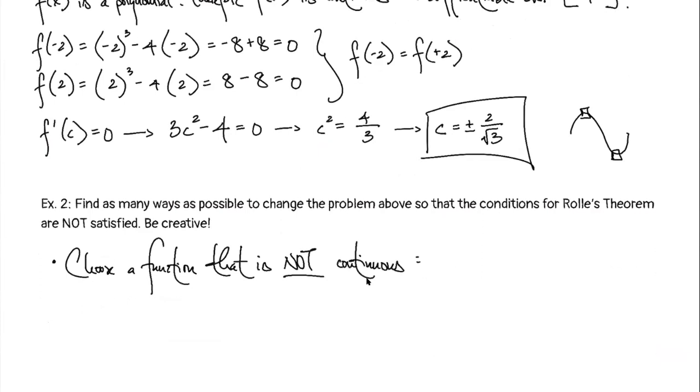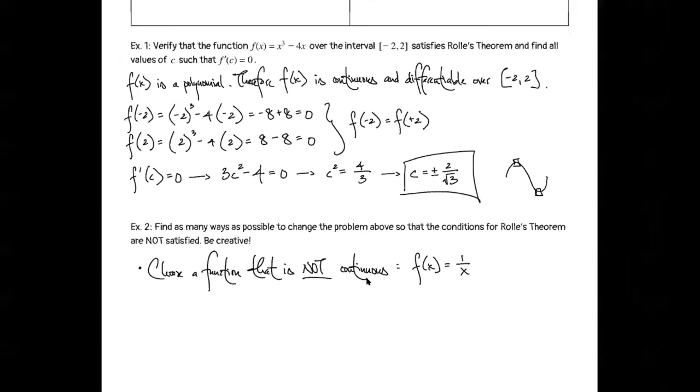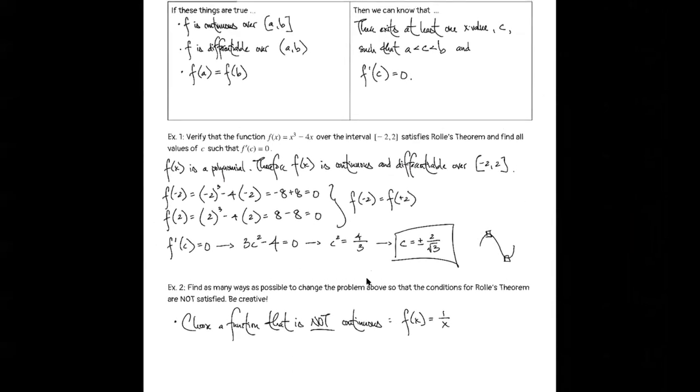For example, maybe the most simple case, if I change the function to 1 over x, that's not continuous anymore. So I cannot use the part of this where it is not continuous. Okay. All right, let's go back to that list. What else could we do to say Rolle's theorem doesn't work here?